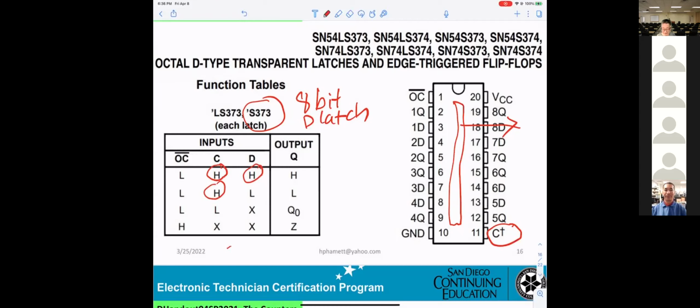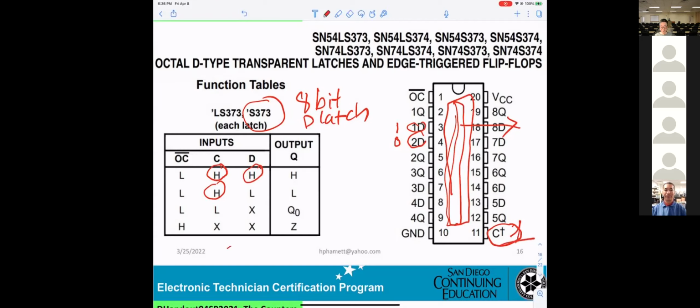Now I tell you what happened. If you get an input 1D, 2D, I just pick only 2, they're supposed to be 8. If you get a logic 1 here, you get logic 1 here. Basically, they cannot go inside the IC until pin 11 is at logic 1.